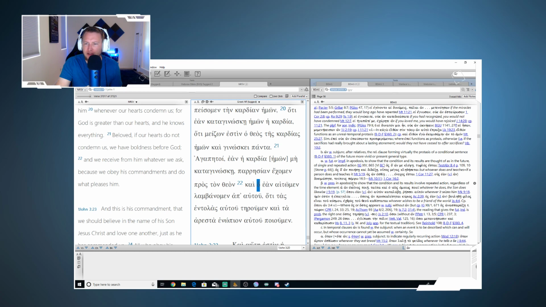With present in the apodosis to show that the condition and its results involve repeated action regardless of the time element.